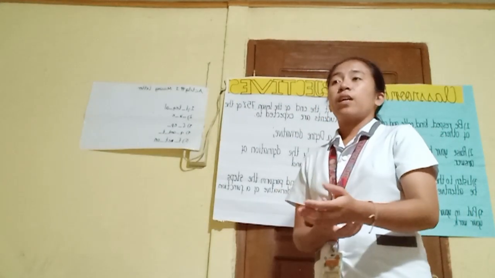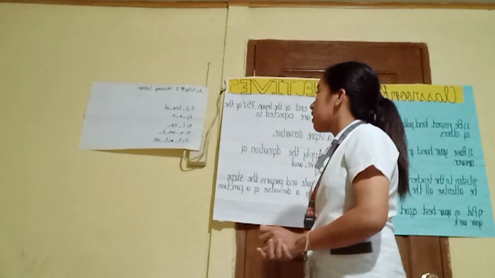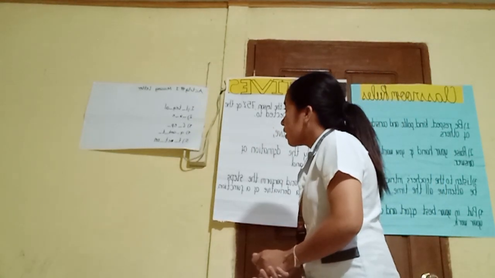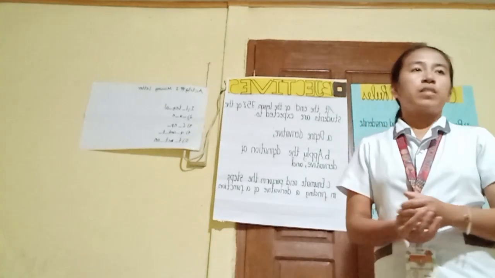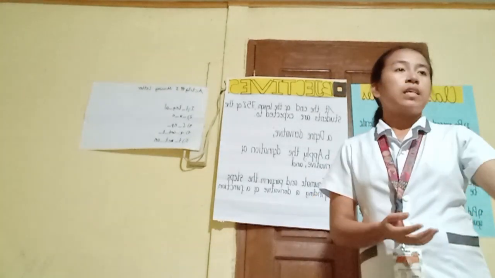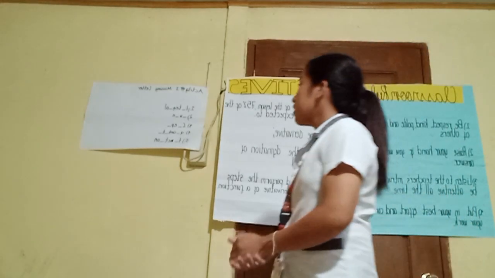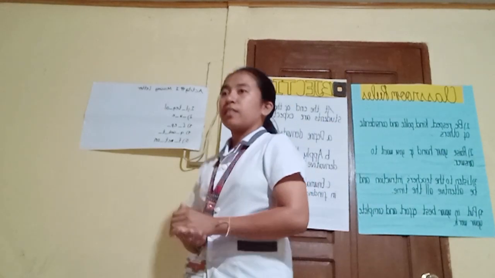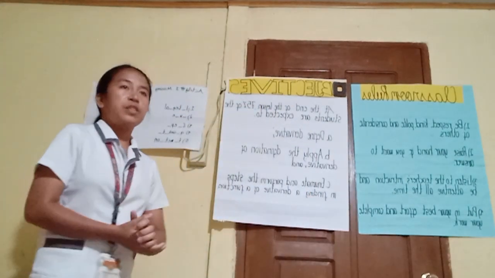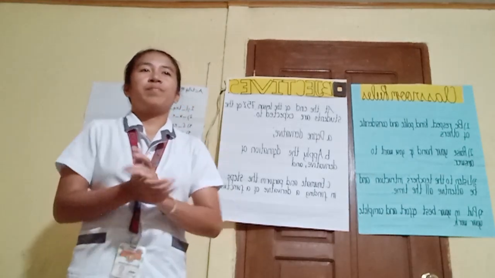Number 4 is quantity. The last number, number 5, is function. All the groups did very good. Give a barangay clap.